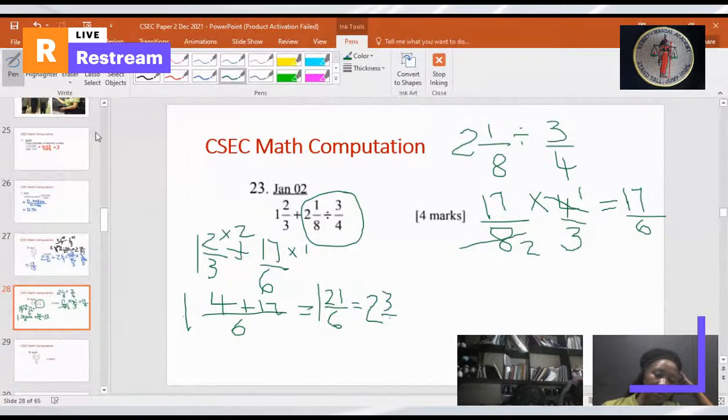It's because 6 into 21 goes 3 times, and we add that to the 1. That's 4, and the remainder of 3 will be 3 over 6, and that can be reduced to a half. So it's 4.5 as the final answer.